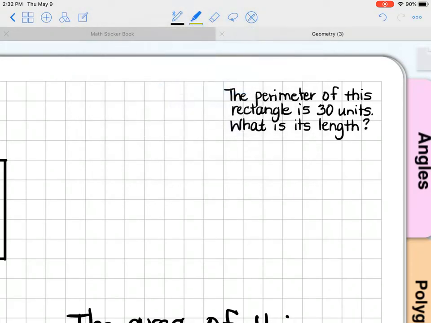And they're telling me kind of a hint on what to do because they're telling me the formula that I need to write down. And it's perimeter of a rectangle. So that formula is P equals 2L plus 2W. Perimeter equals 2 of the long sides plus 2 of the short sides.